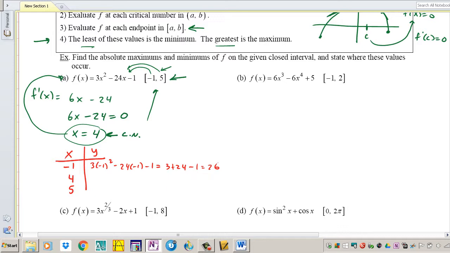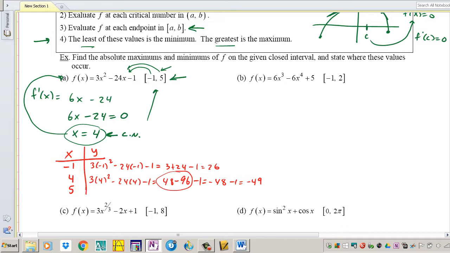Now for x equals 4, let's see what that is. 3 times 4 squared minus 24 times 4 minus 1. 4 squared is 16 times 3 is 48. 24 times 4 is 96. Take away 1. Well, I know that these two subtracted is -48, minus 1 is -49.